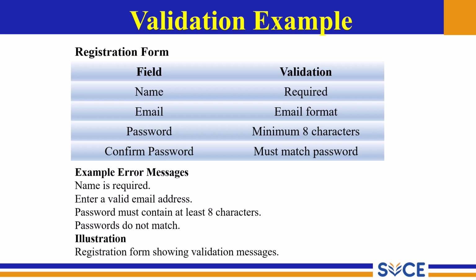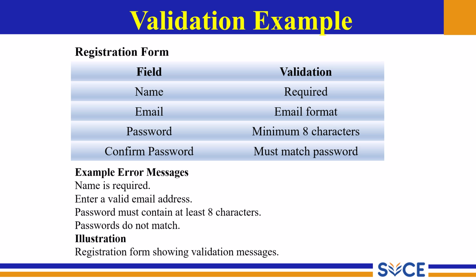Validation example. Let us see a registration form. The form contains name, email, password, and confirm password. Possible validation messages are: name is required, enter a valid email, password must contain at least 8 characters, passwords do not match.